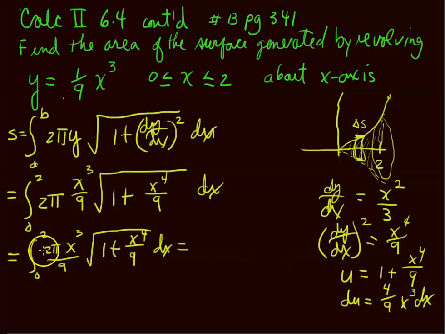Well, I don't have the 4/9, I've got 2/9 x cubed. So I really need to make this a 2, so I divide both sides by 2, so this is a 1/2, and then this will be a 2/9. Does that make sense?